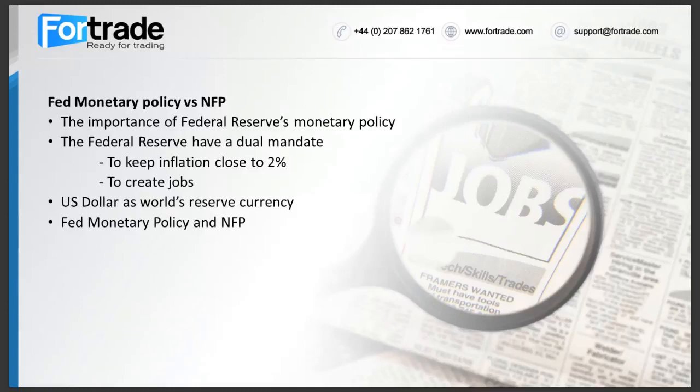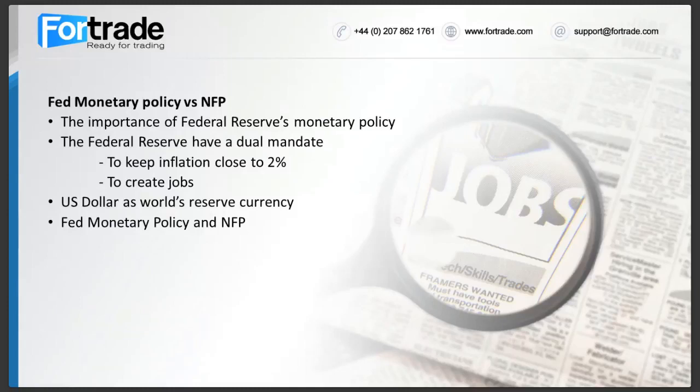Therefore, what the Fed does with interest rates matters for the whole world, not only for the United States. From this point of view, the Fed is viewed as the world's central bank. The Fed's mandate is a dual one: to keep inflation below or close to 2%, and to create jobs.